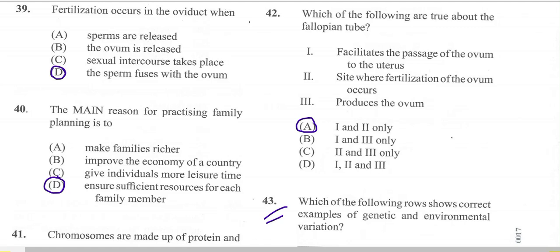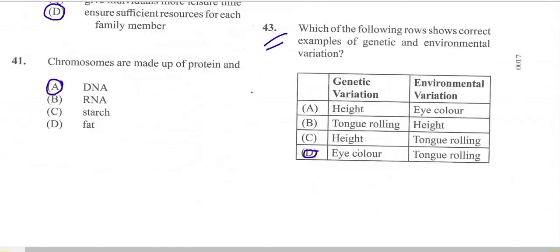If you have too many children and you really don't have the means to take care of them, then the resources are going to be limited. So of course, when you limit the amount of children that you have, you might be able to have just enough resources to take care of them. So D is the answer we have chosen for 40. However, if your answer is different, share it with us in the comments.